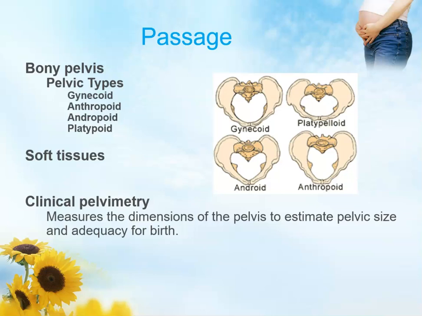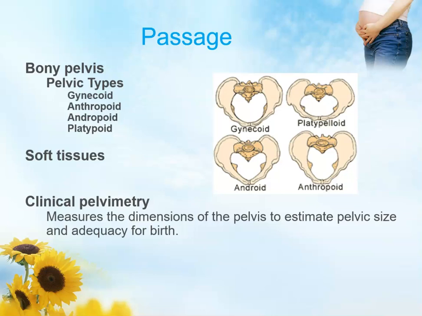If you look at the gynecoid, that is the most favorable pelvis for delivery. You can see it's almost like the shape of the baby's head, okay? Platypelloid, it's kind of like an oval shape, and it's not really conducive to having the baby come down and pass through there.